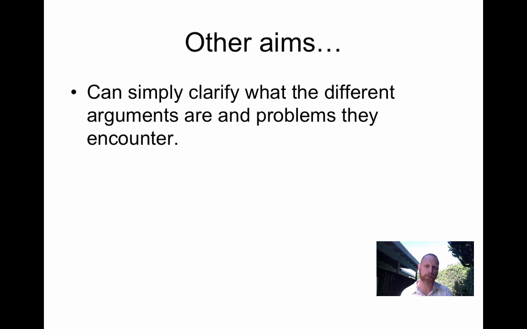So here are some of these other aims. One thing we could do, besides just presenting our reasoned and rational ideas, is that this discussion can help clarify what the different arguments are in a given problematic controversy, the problems that they encounter, the typical objections that different sides to an issue meet, right?